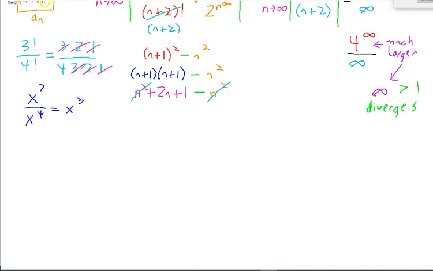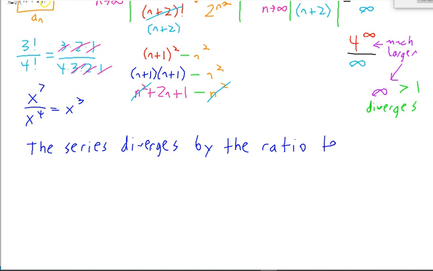So we can say the series diverges by the ratio test, since, well, we can reference this limit we found up here.